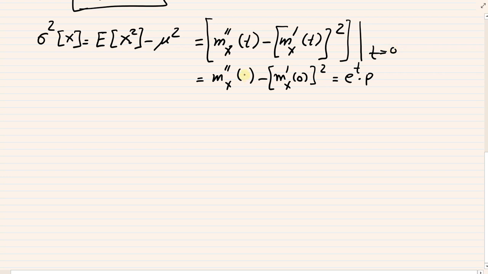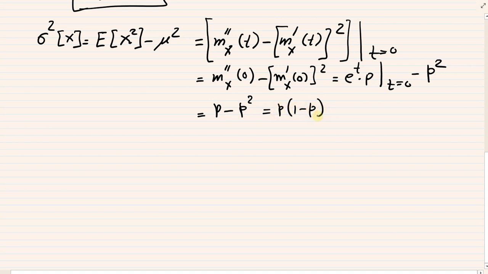So M double prime of X at 0 is e to the t times P evaluated at t equals 0, minus the mean, which we just found was P, squared. Now e to the 0 times P is P, minus P squared. Again, you get P times 1 minus P.